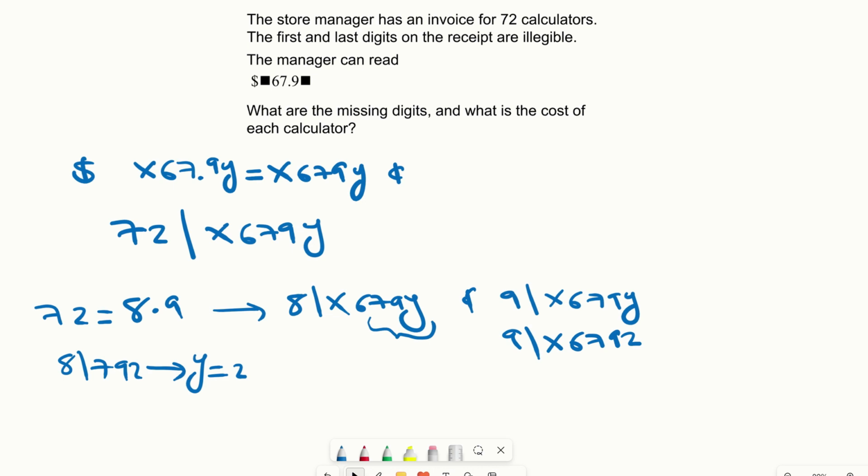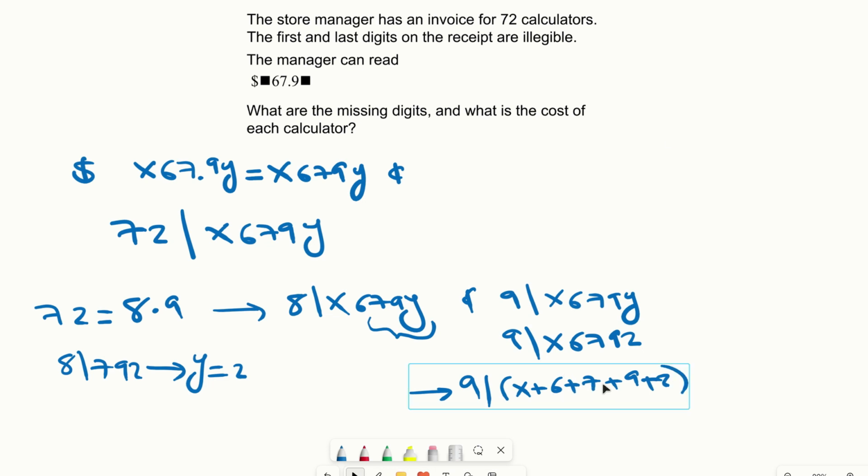Now for 9 to go into this, that means 9 has to go into the sum of the digits, right? So that means 9 must go into x plus 6 plus 7 plus 9 plus 2, right?